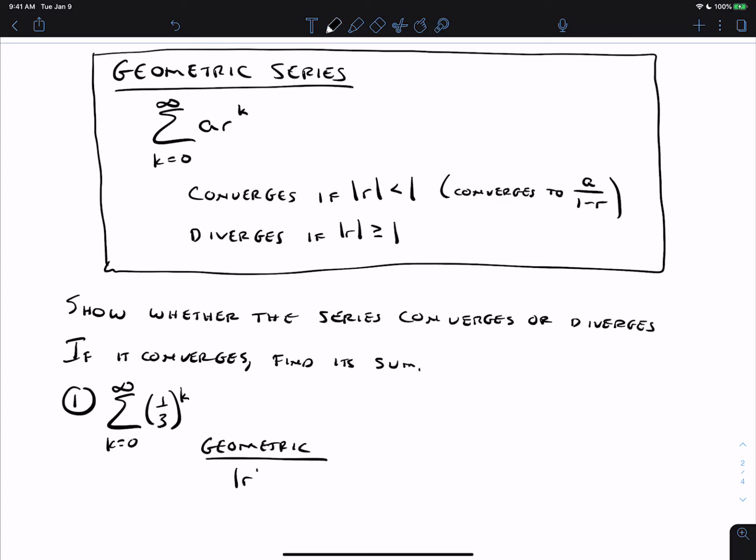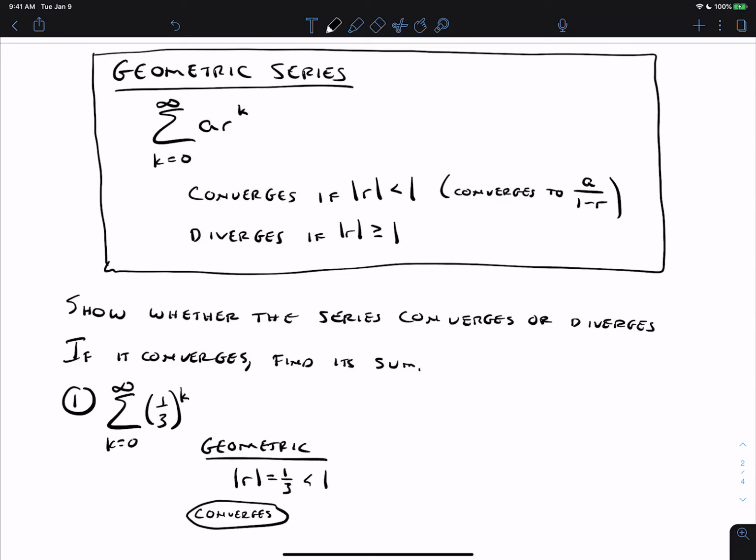It converges if this is less than 1. It diverges if it's greater than or equal to 1. So the fact that 1/3 is less than 1 means we know this converges. That's the answer or the explanation for the first part.